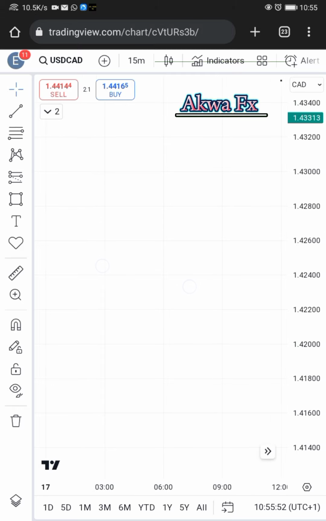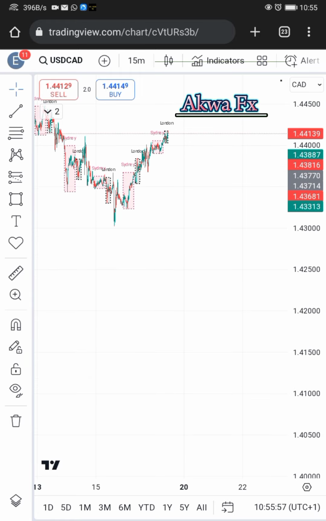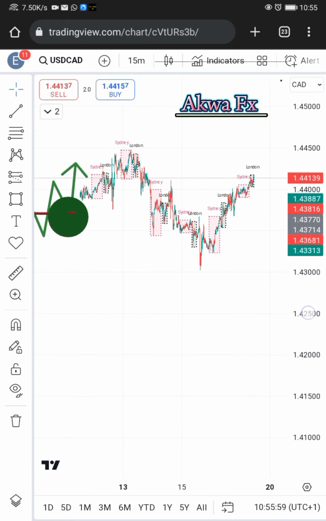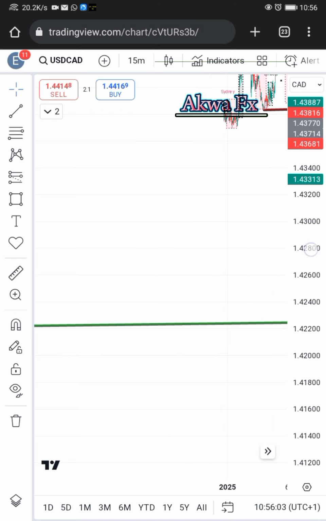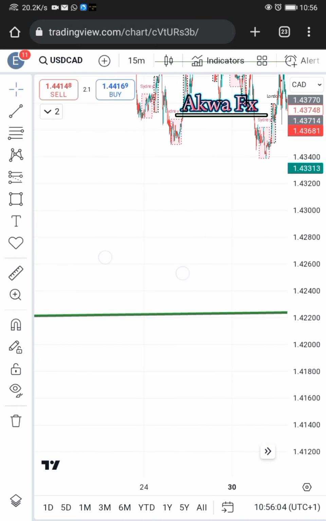On my M15, I'm going to look for a shift in market structure for me to take the trade back to the upside. Or if the market structure shift doesn't happen, I can as well use an engulfing candle to take that trade to the upside.